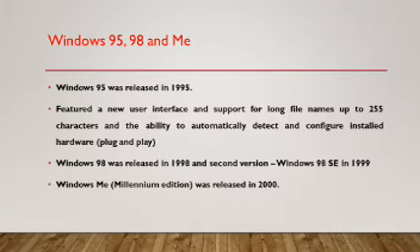Now we have Windows 98, which was released in 1998, and Microsoft released a second version of Windows 98 in 1999, named Windows 98 Second Edition, which is Windows 98 SE. And in 2000, Microsoft released Windows ME, which means the Millennium Edition, which updated the core from Windows 98 but adopted some aspects of Windows 2000 and removed the boot in DOS mode option.